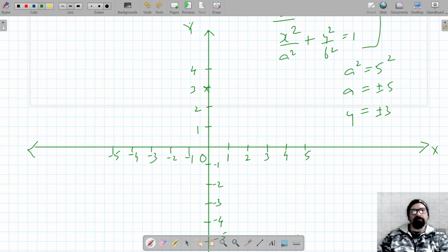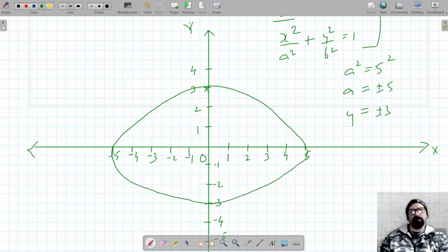Our ellipse goes like this. The semi-major axis is 5 units, and the semi-minor axis is 3 units.